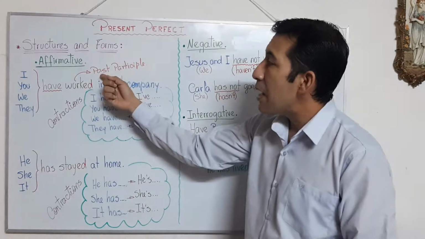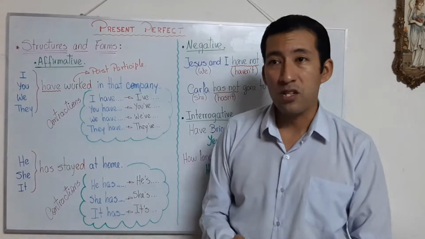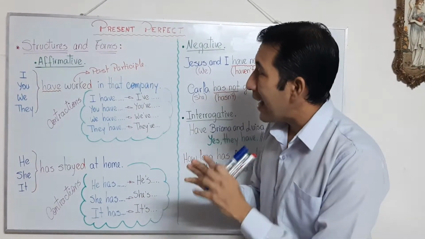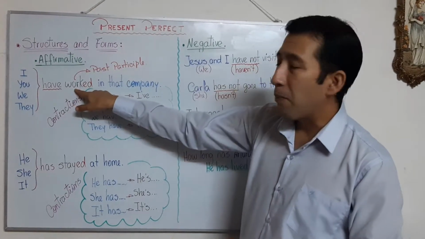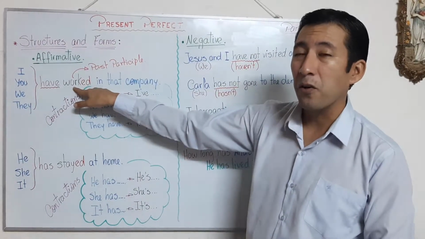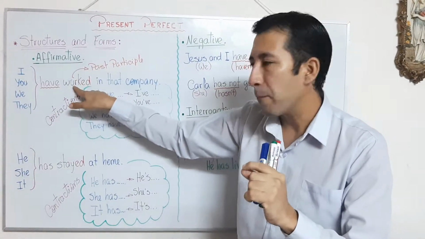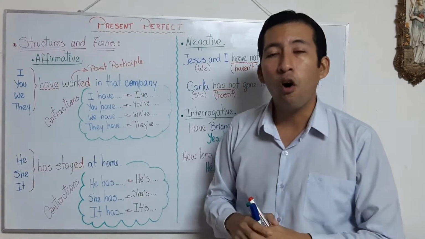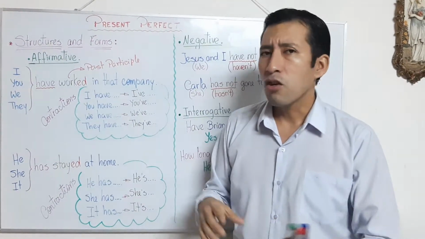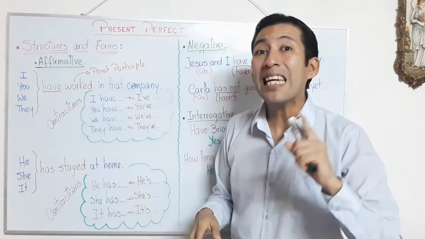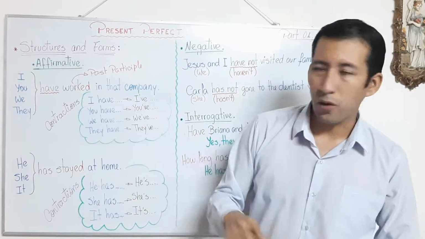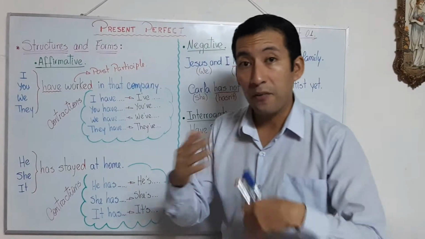The same story applies to the past participle. We can say that the past participle of the regular verb is the same as the past of the verb. Talking about the past participle of irregular verbs, that's another story. I will show you, but later.